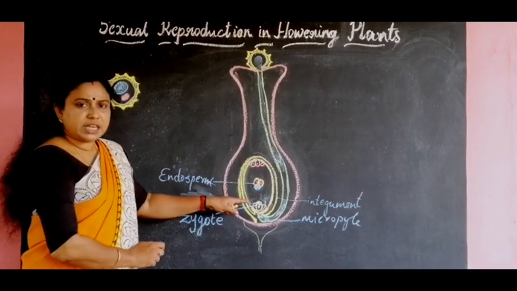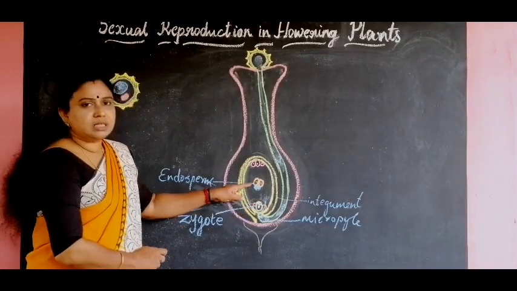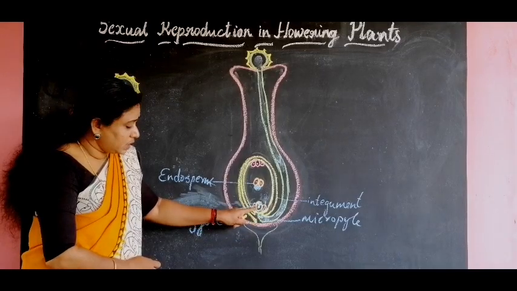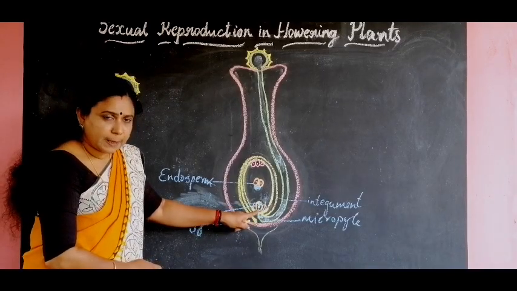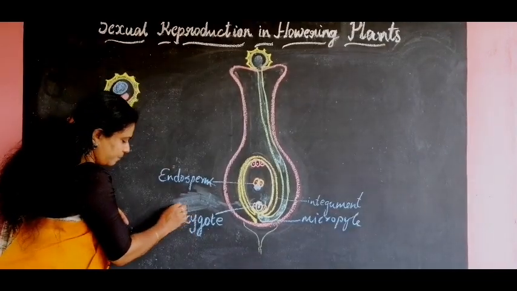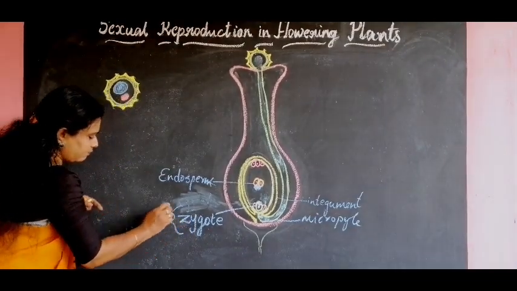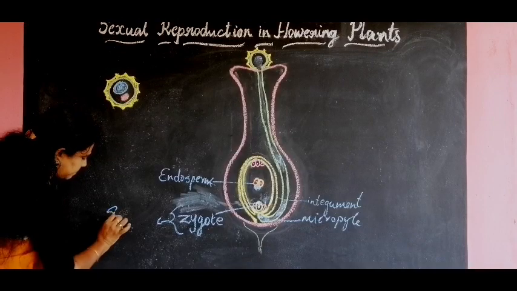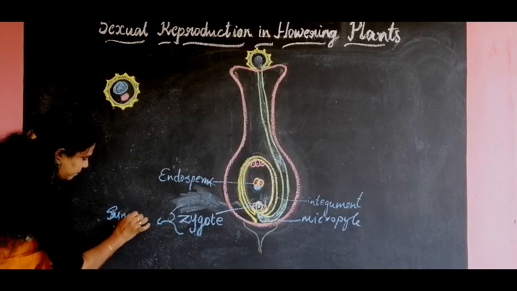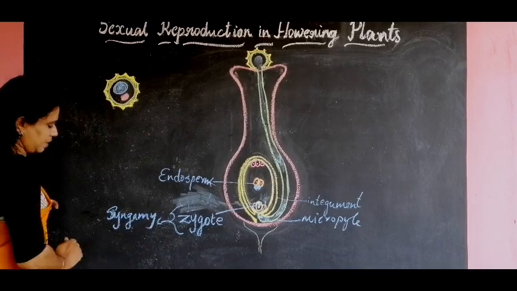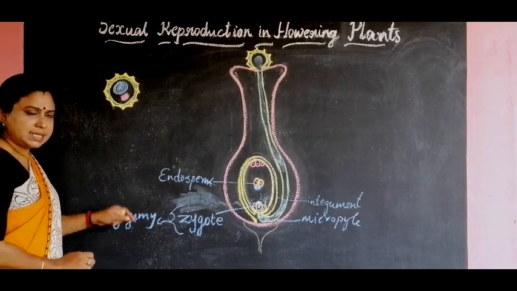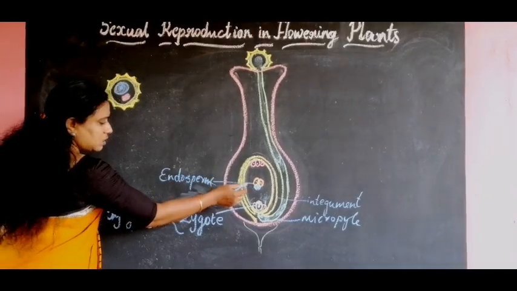So how many fusions take place? Two fusions take place. Here one male gamete fuses with the egg cell to form the zygote, and this fusion is called syngamy.